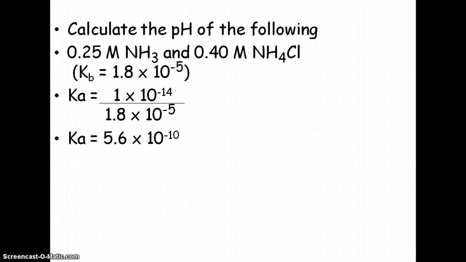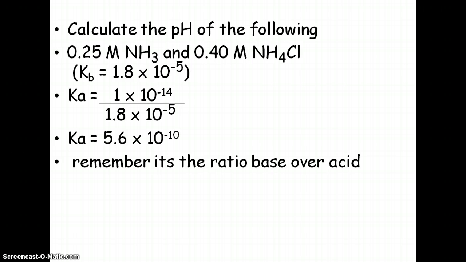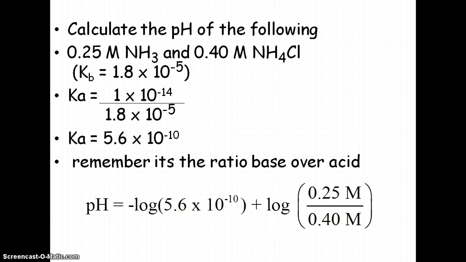So we do Kw divided by the Kb, and we get our Ka of 5.6 times 10 to the negative 10. And now we're looking at the ratio of the base over the acid. So now we have 0.25 over 0.4, and then the pKa is the negative log of the Ka. Plug all that in, and we see our pH is 9.05.